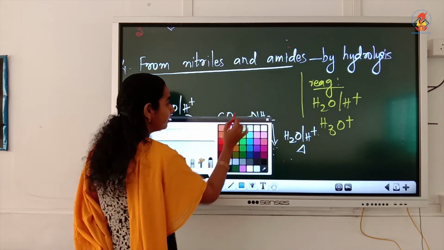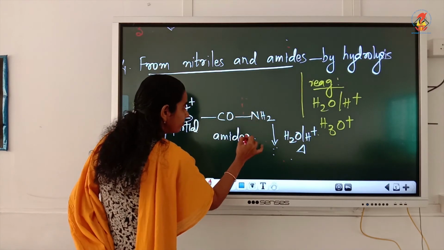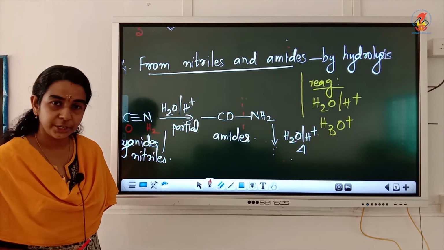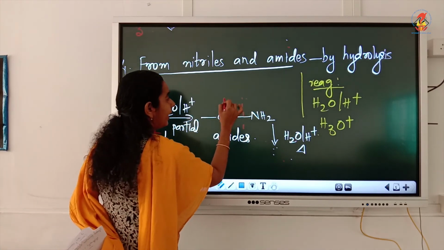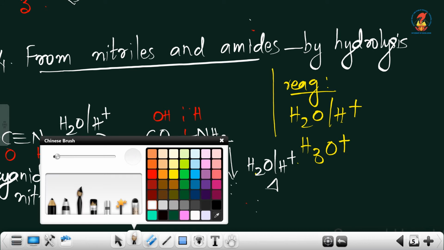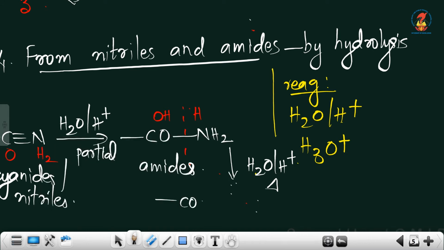So here there is splitting of the carbon nitrogen bond and HOH, hydrogen will be added here and OH will be given to the carbonyl group, and the product will be CO becoming COOH and NH2 becoming NH3.